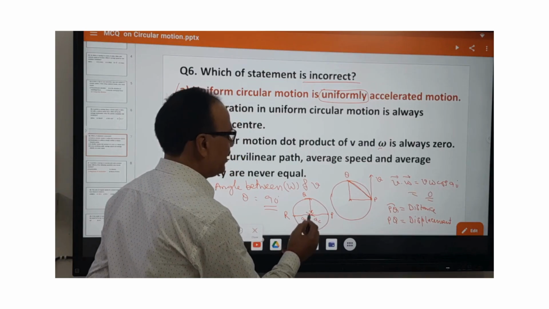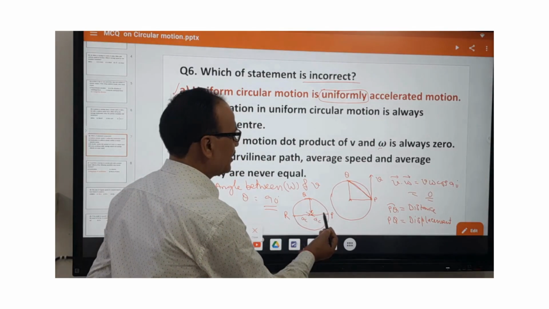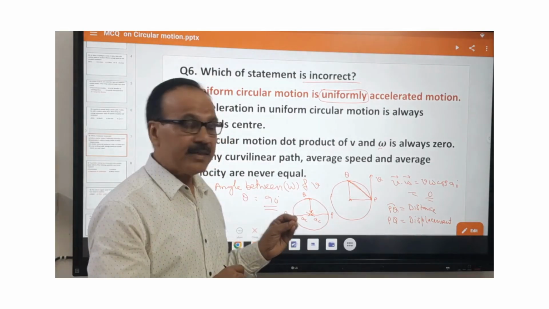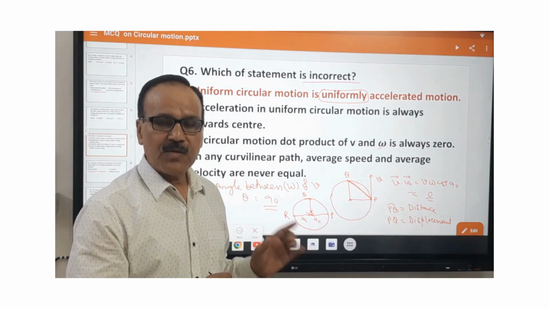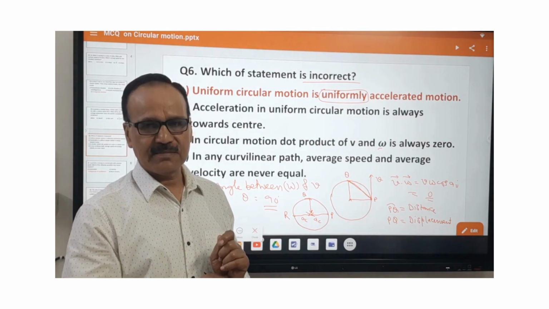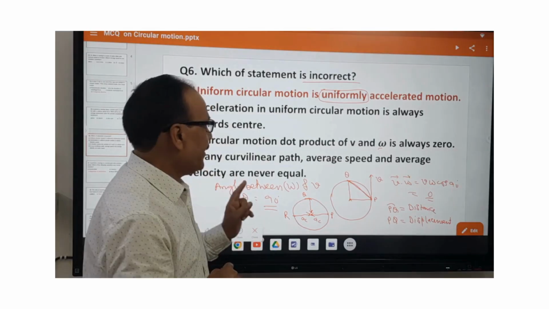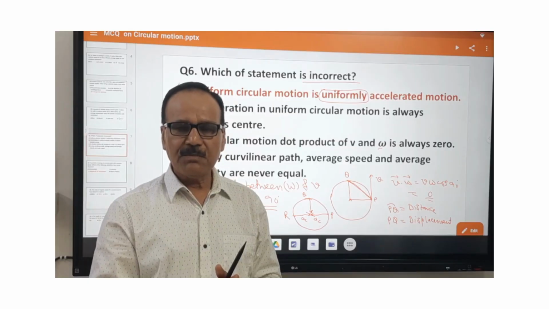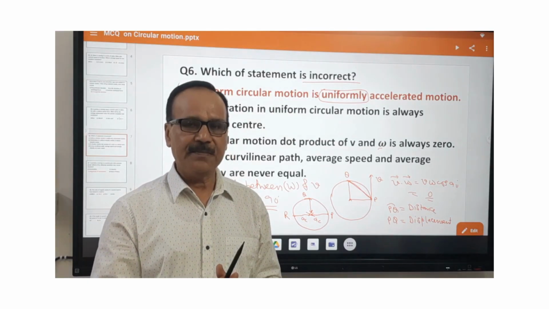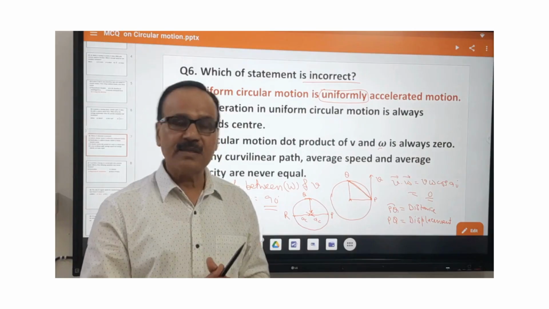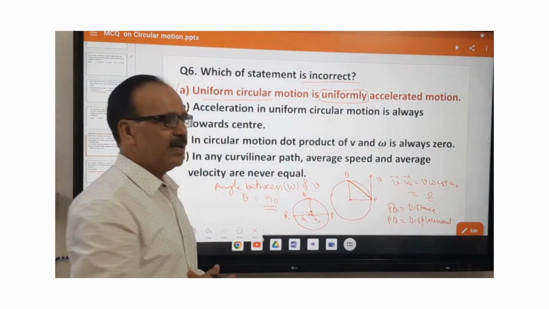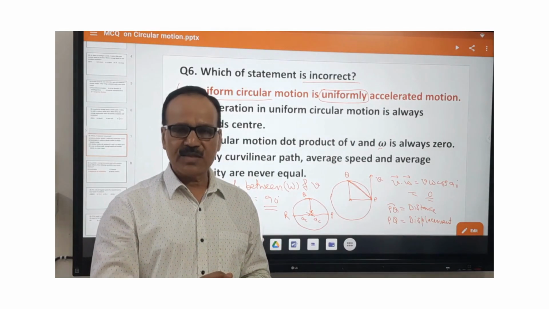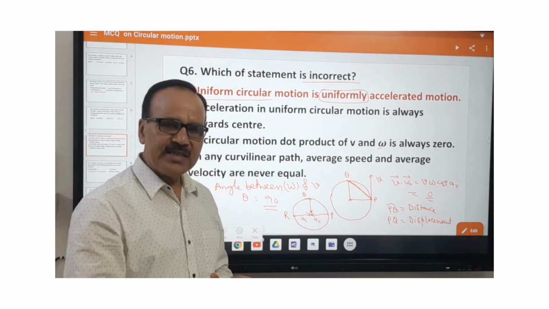But you can see the direction of the centripetal acceleration is changing continuously. From the figure you can understand this situation. So here the acceleration is not uniform because the direction of acceleration is changing. When we say uniform acceleration, it means direction as well as magnitude must remain constant. Here the magnitude is constant because it is the case of uniform circular motion. In uniform circular motion, the magnitude of the centripetal acceleration remains constant, but the direction is changing.